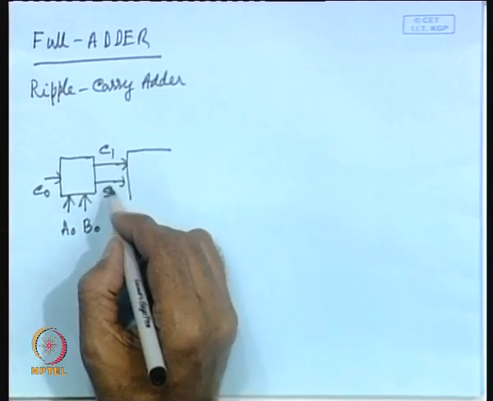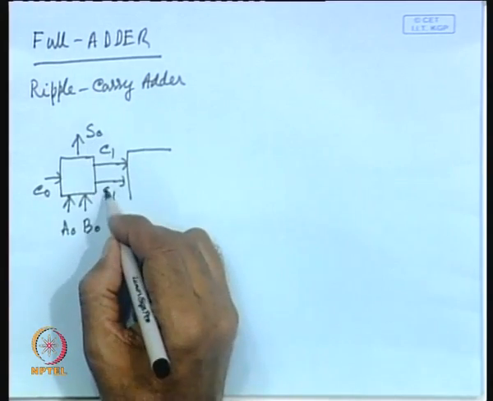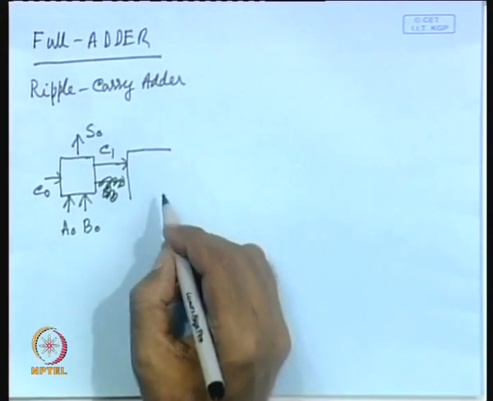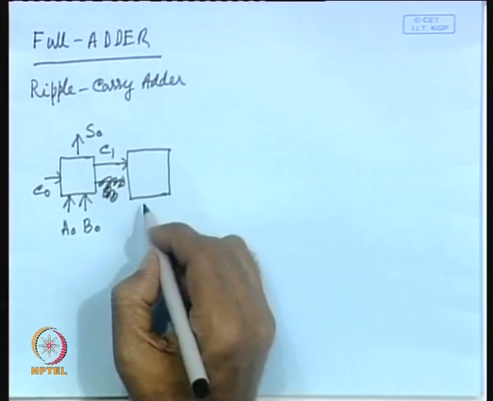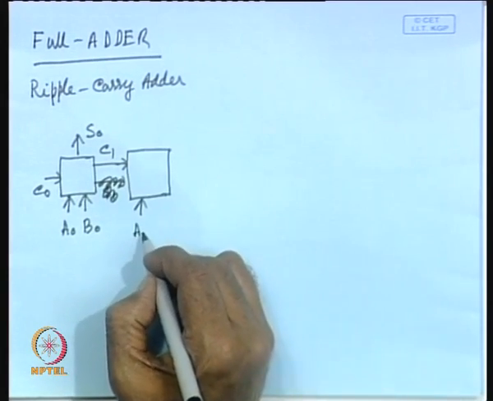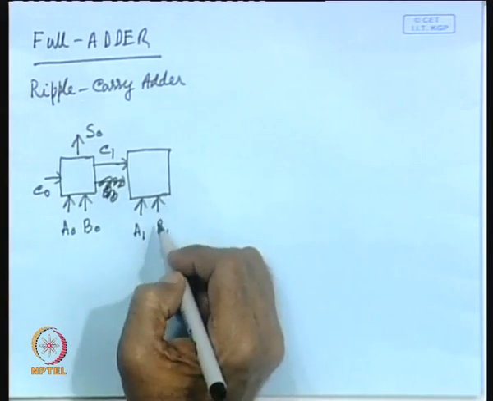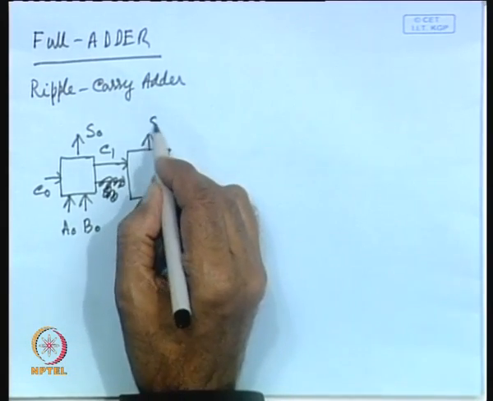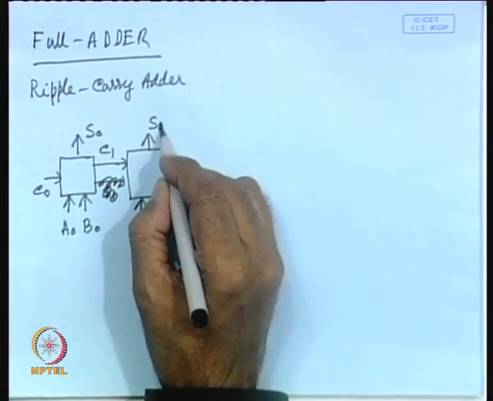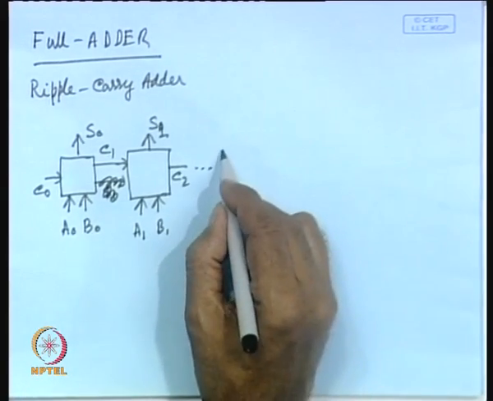Sum is available here, S0, it will not go to the next stage, and C1 will go there, and you will apply A1, B1, with C1 as input to it, and it will produce S1, and it will produce C2, and it will continue.